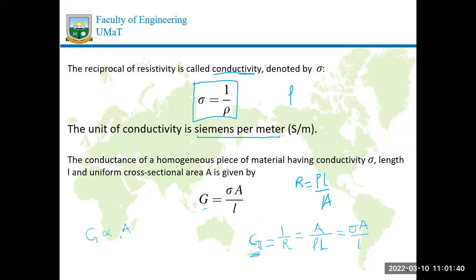However, it is inversely proportional to the length, which presupposes that in the case of a resistor, resistance is directly proportional to the length for a particular material and inversely proportional to the area.